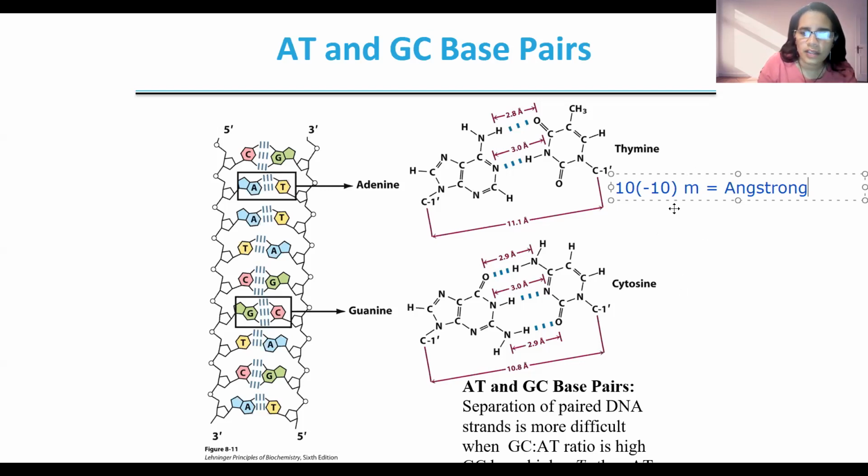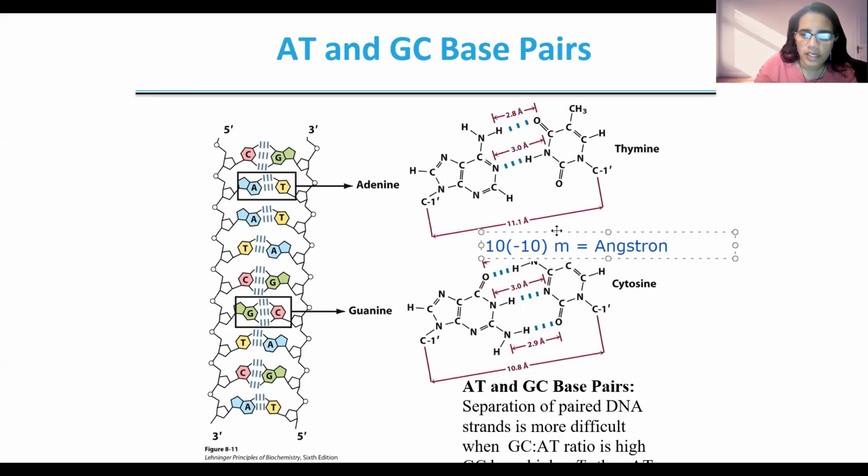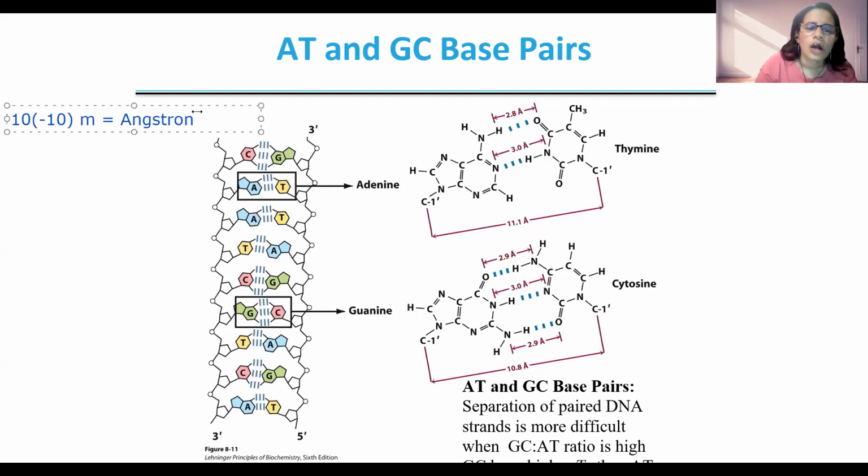So there is a question that I'm going to ask you, but I'm also going to give you the answer right away because I know that a lot of people will say that an expected answer would be microscope. So if this is so small, micrometer is 10 power minus 6 meter. And what we are talking about distance is 10 power minus 10 meters. So if you look at the DNA under the microscope, will you be able to see these nucleotides? Yes or no?